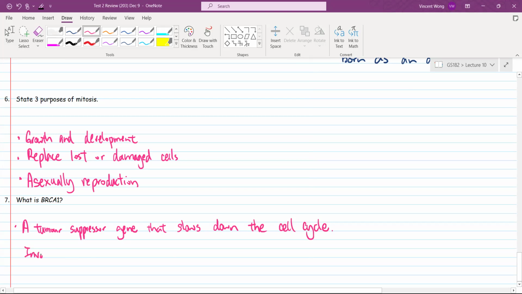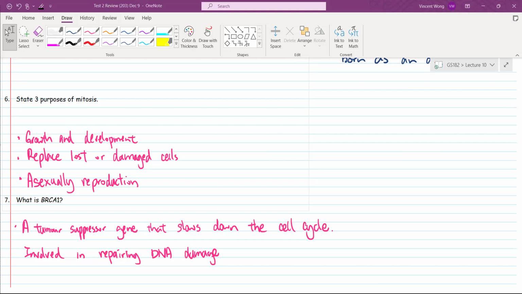It is involved in repairing DNA damage. Okay, that's pretty much it.